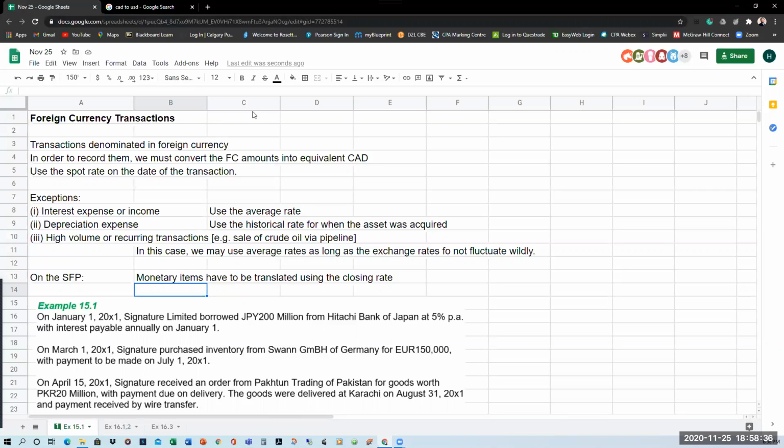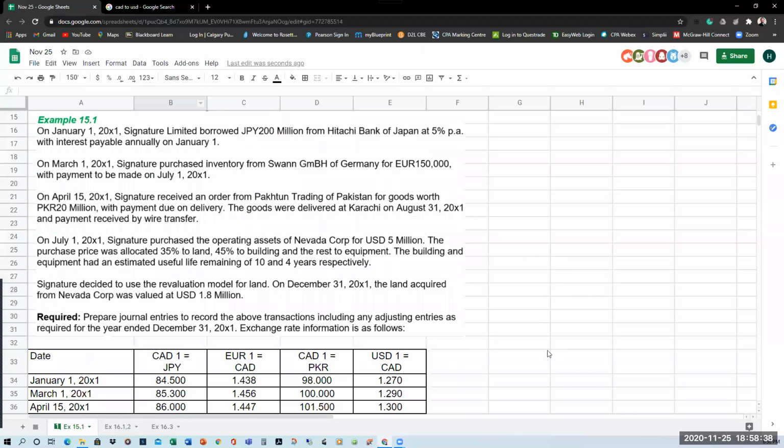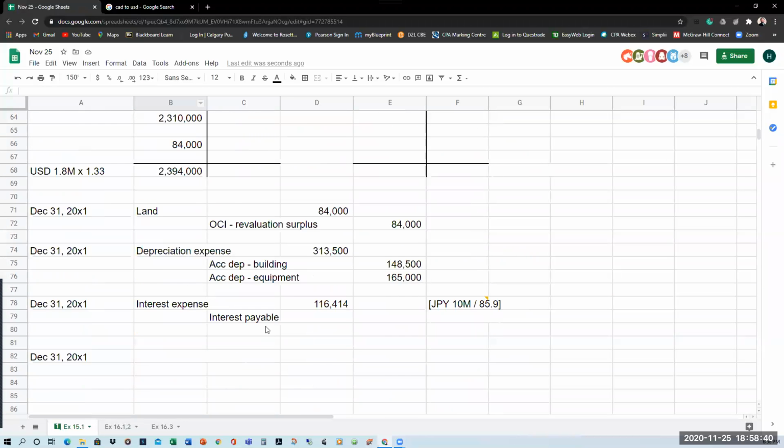So here, we're crediting interest payable. Now the interest payable is 10 million yen. But because December 31st happens to be the year end, we have to convert the 10 million yen using the closing rate on December 31st.